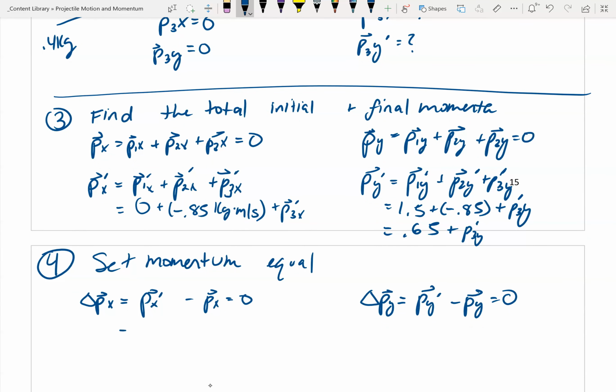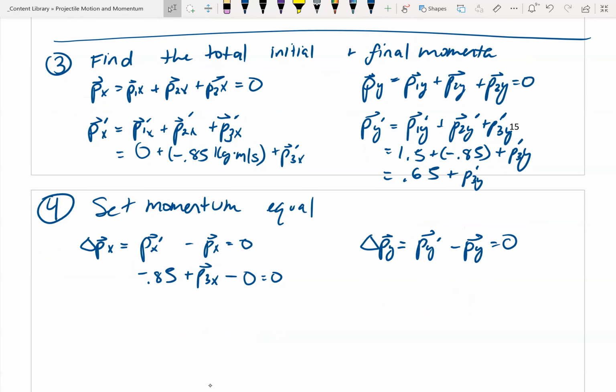I'm just going to replace it with what we just found in part 3. So Px prime was negative 0.85 plus P3x. If we subtract our initial momentum in the x direction, we found that as 0, and we know that this is equal to 0. We can rearrange and solve for P3x, which is positive 0.85 kilograms times meters per second.